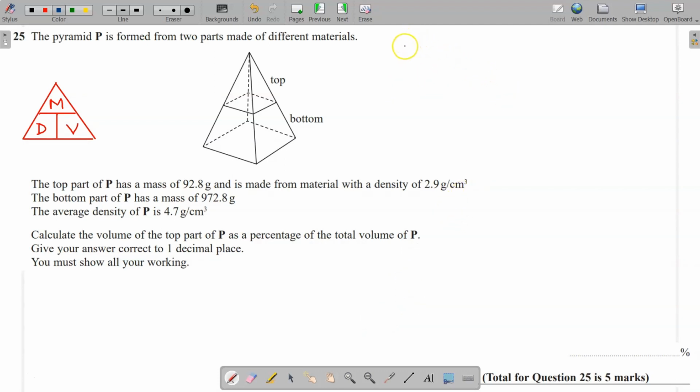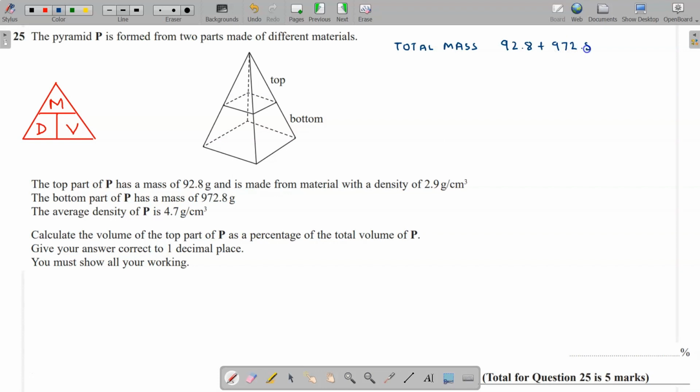So we'll start by finding the total mass of the whole thing. The total mass is simply 92.8 plus 972.8.